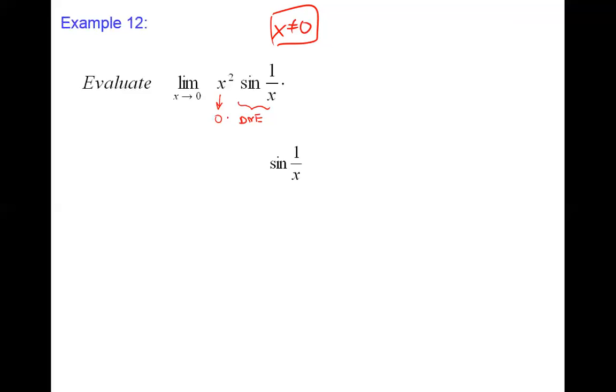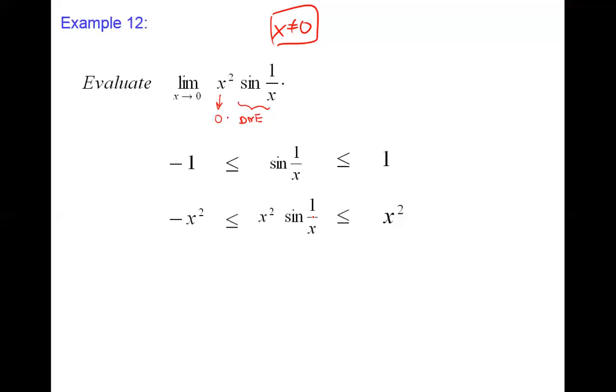I will start with the trigonometric function sine of 1 over x. The range, the values of the function sine of any angle, is between -1 and 1. We know that. Now, each of these 3 parts, I will multiply by x squared. -1 times x squared, negative x squared, 1 times x squared, and the middle part times x squared.